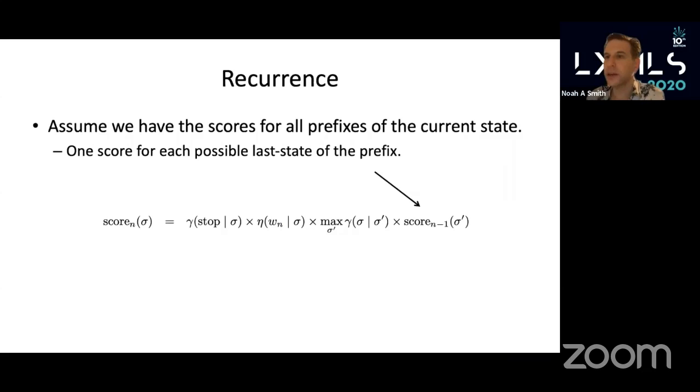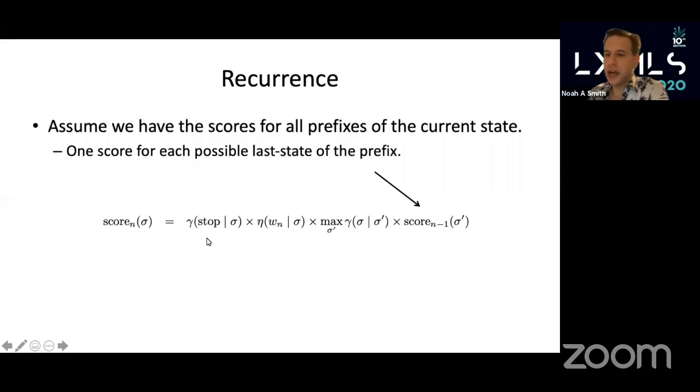So here's the interesting thing. This is essentially the formula that I would have if I knew the score of the very best sequence ending at word n minus 1 for every possible label. Call that score sub n minus 1 of the label or state sigma prime. So the choice for the label at the last word would be to maximize over this score at the last word, score sub n of sigma, choosing the sigma that gives me the highest score.